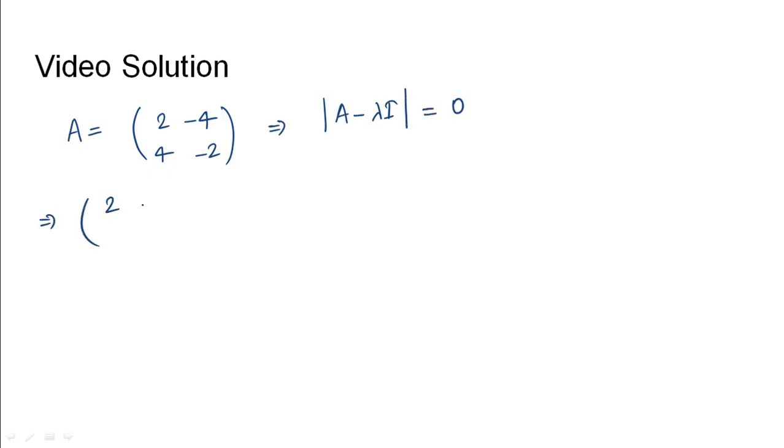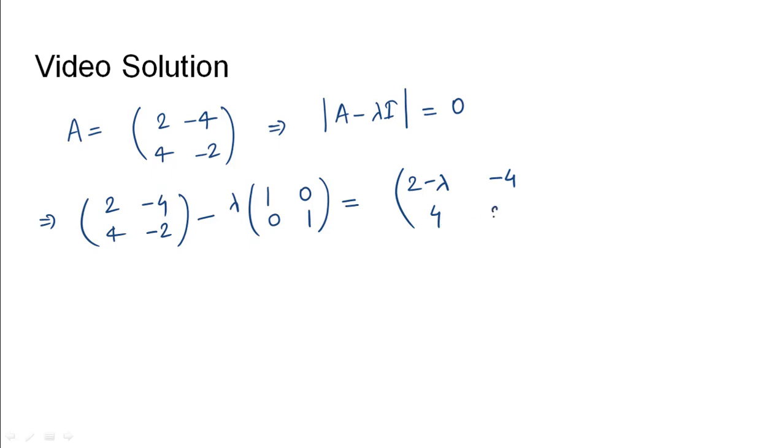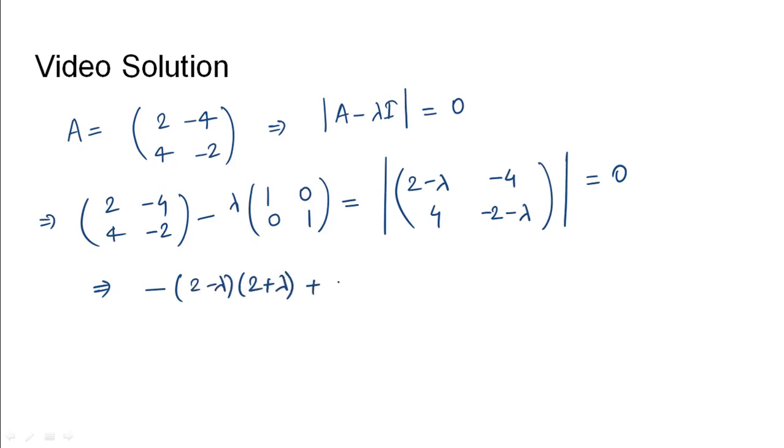So taking [2, -4; 4, -2] minus lambda times the identity matrix, that would be [1, 0; 0, 1], we would get [2 minus lambda, -4; 4, -2 minus lambda]. The determinant of this should be made 0. This would give minus of (2 minus lambda) into (2 plus lambda) plus 16 equals 0.